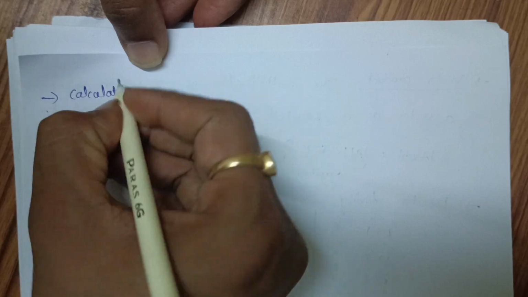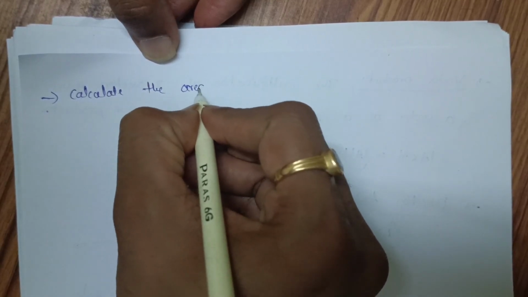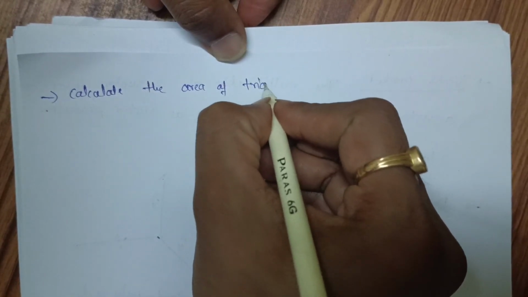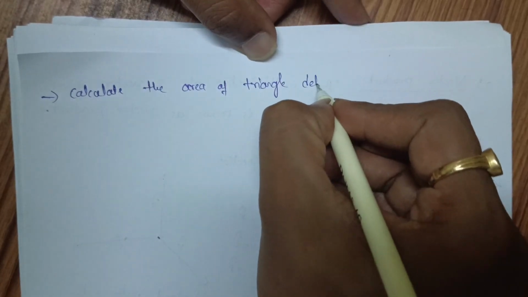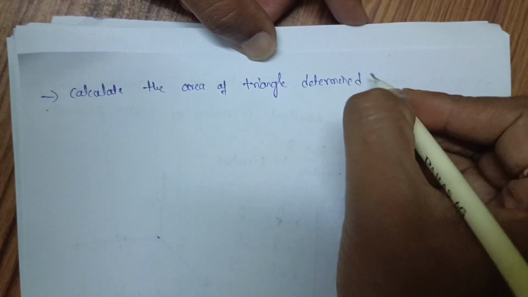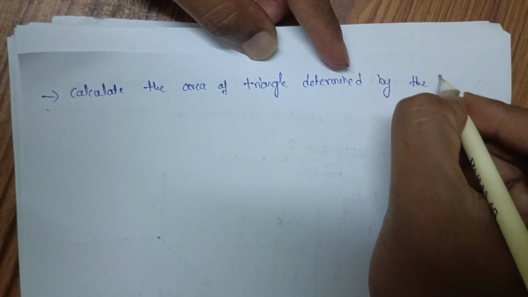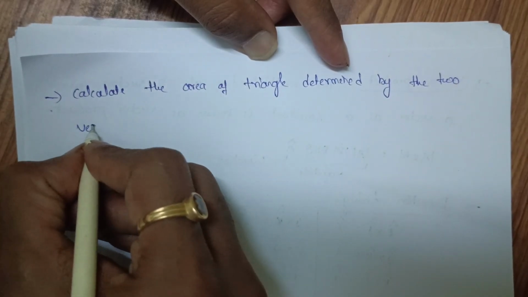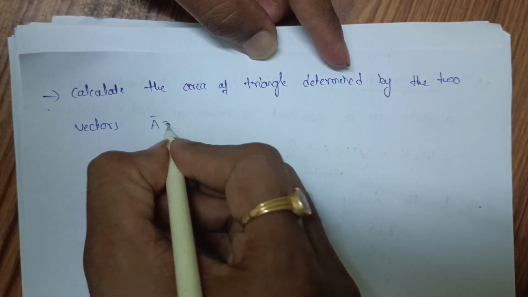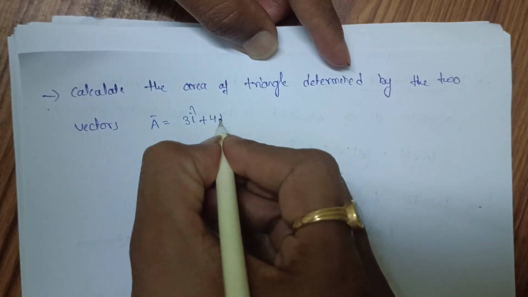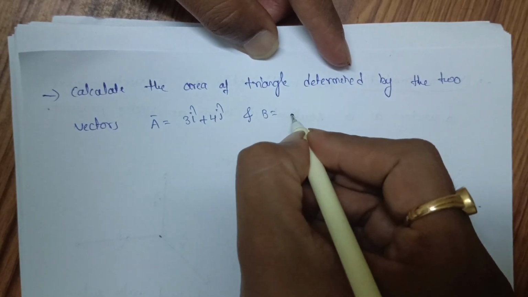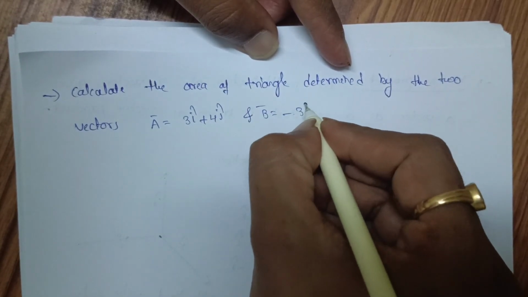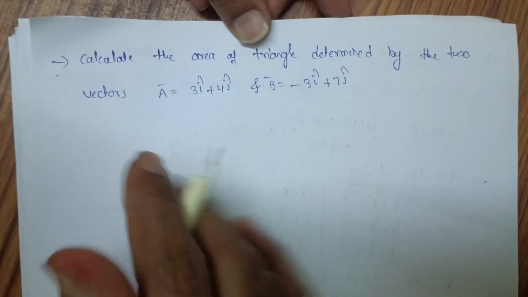Based on this concept, let us have a question. Calculate the area of the triangle determined by the two vectors a is equal to 3i plus 4j and b is equal to minus 3i plus 7j.